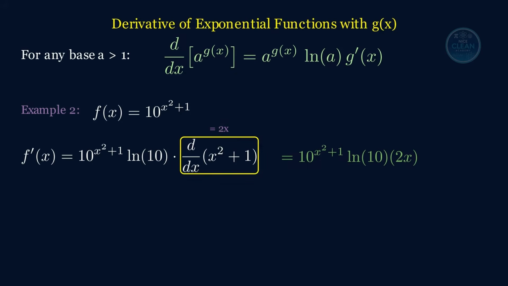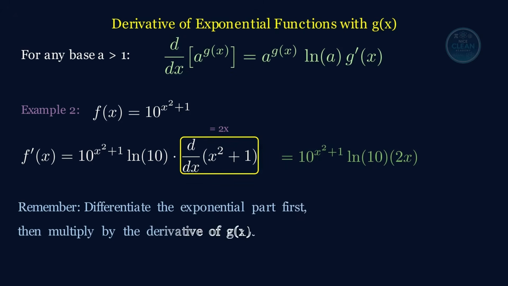Final result, f prime of x equals 10 raised to the power of x squared plus 1 times ln of 10 times 2x. So remember, with exponential functions where the exponent is a function of x, differentiate the exponential part first, then multiply by the derivative of the inside. This is a classic application of the chain rule, and it's one of the most common patterns you'll see.